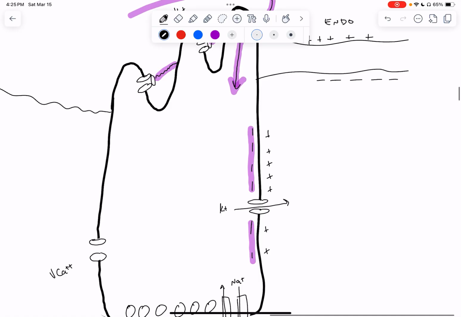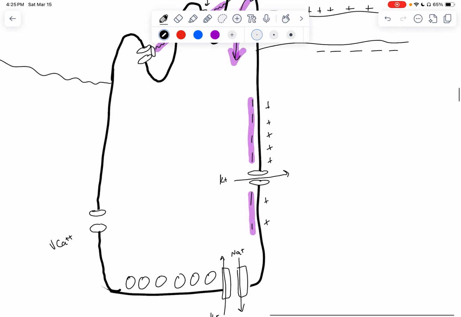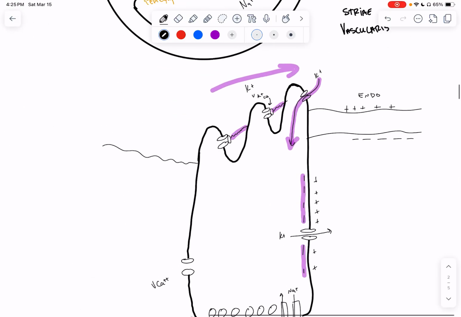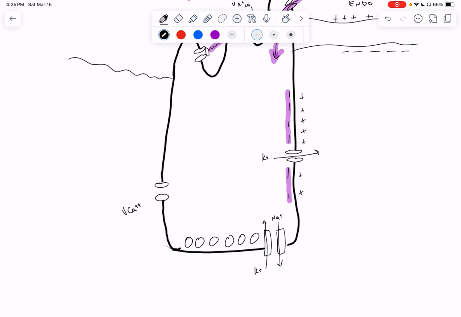And so the mechanical triggering of these mechanically gated potassium channels opening is going to cause potassium to rush into the cell, changing the resting membrane potential of these cells, which is going to activate the release of these voltage gated calcium channels and voltage gated sodium channels.